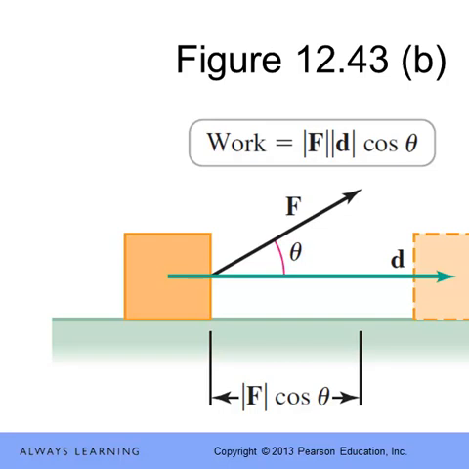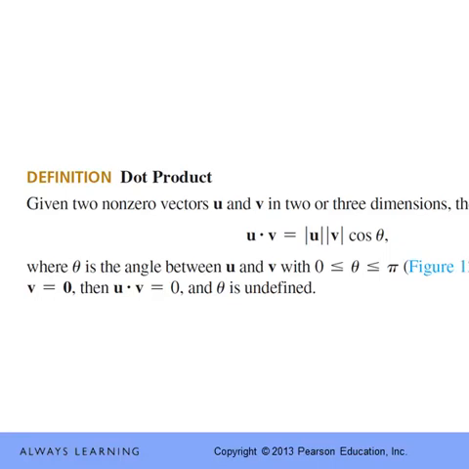So basically, you just take that component of the force that's in the direction of the direction vector. And how you do that computation is you just take the product of the magnitudes of those two vectors times the cosine of the angle between them. And that's one way of defining the dot product between two vectors. Here's how we use the notation.